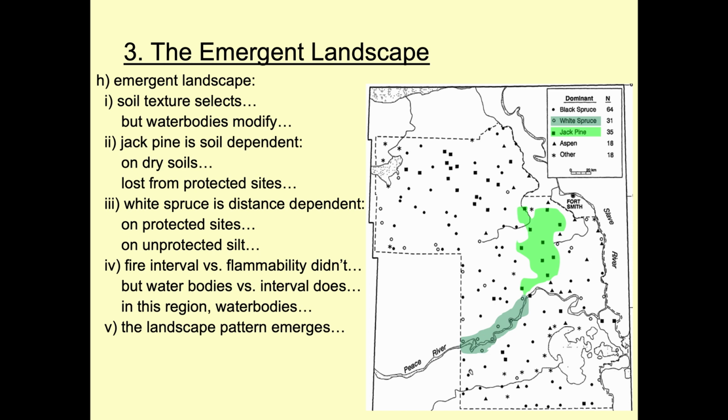Thus, in this region, water bodies influence the average fire interval more than does the fuel flammability. Finally, the landscape pattern of what species are present where is thus an emergent property that reflects interactions between soil type, water body distance due to topography, and average fire interval.